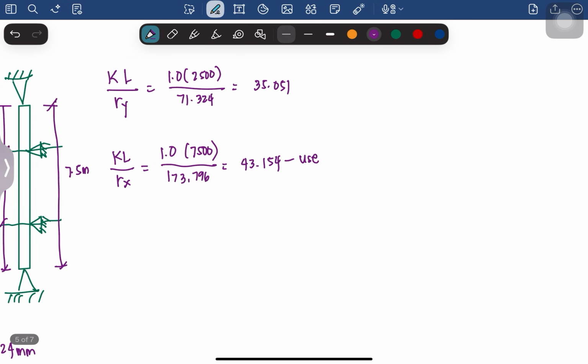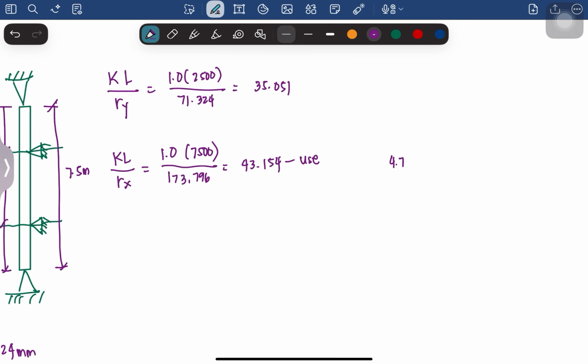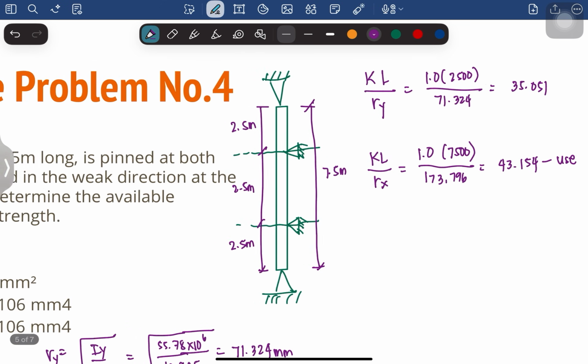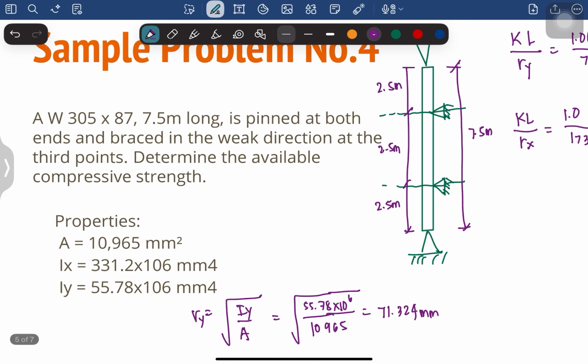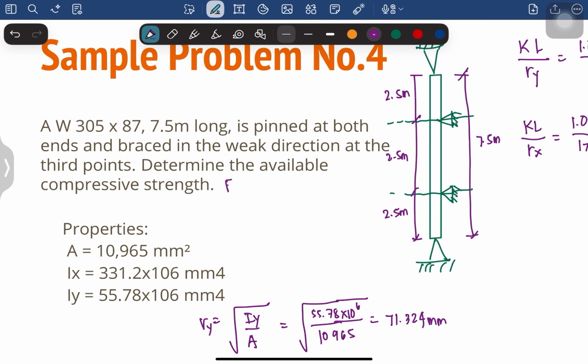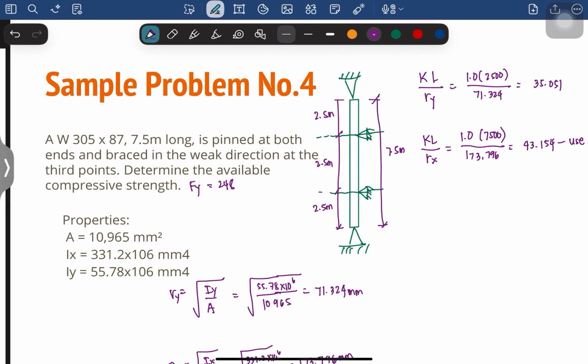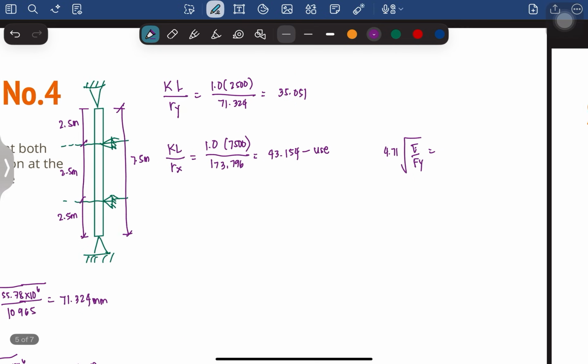Then, compare natin doon sa 4.71 square root of E over Fy. So, ano yung E natin? 200,000. Yung Fy given ba? Hindi na given. So, assume natin yung Fy na given is 248, kasi nakalimutan i-given.